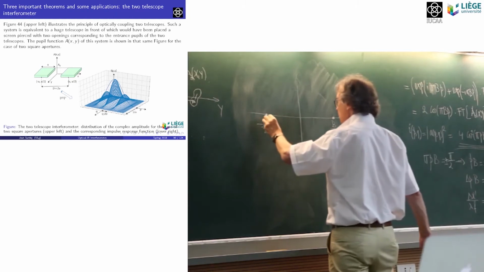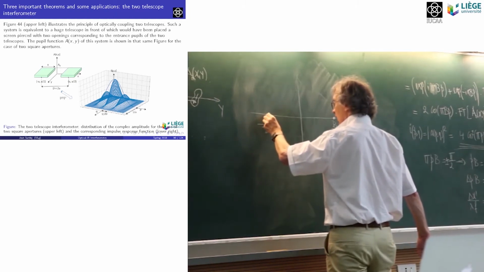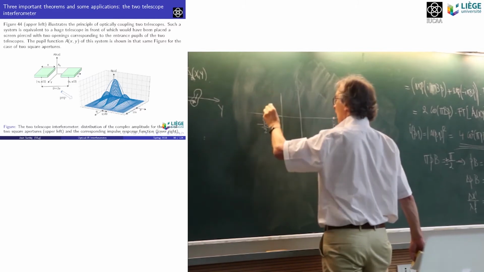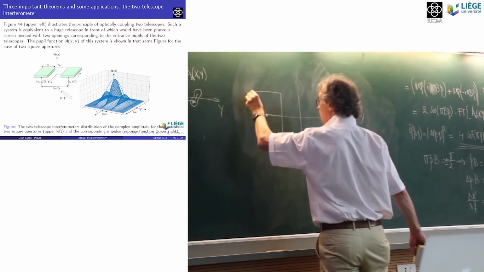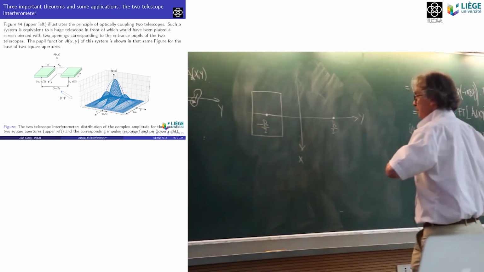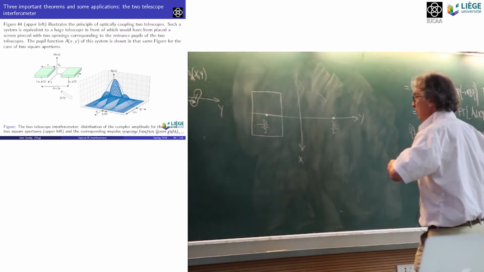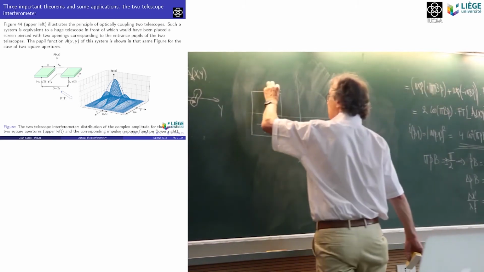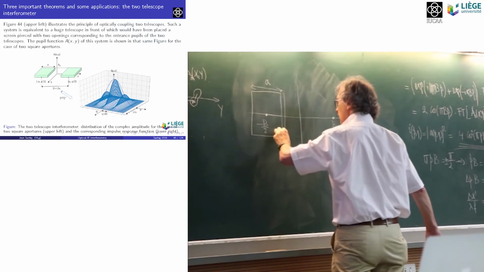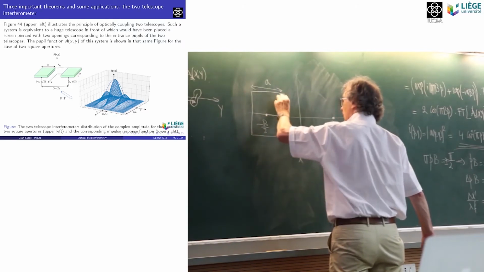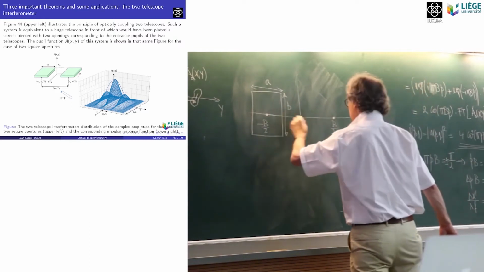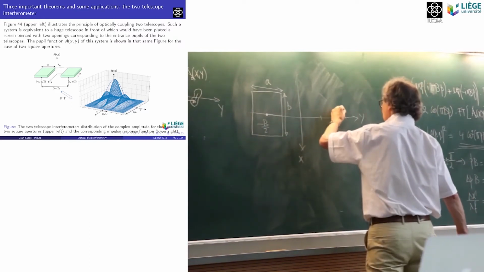Now let's assume that here I put a rectangular shape aperture, something like that. So it's a rectangular shape aperture. Which size? Here is small a. This one is small b. And now here I'll try to do something similar.